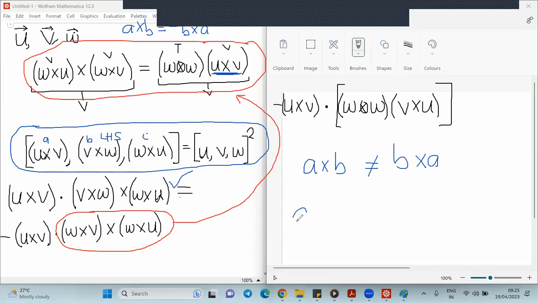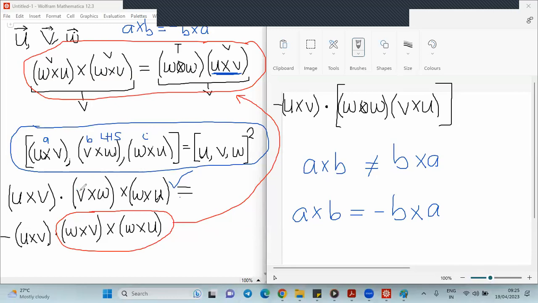However, A cross B is the same thing as minus B cross A. That means, when we want to interchange it, because this has V cross W and then W cross U, we need something that has W in front for both of them. So W cross V, and then W cross U.